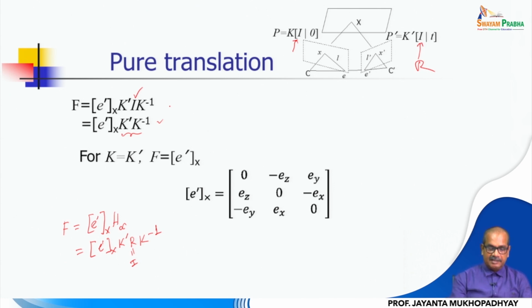And in that case, this fundamental matrix is replaced by simply e prime cross, because K prime and K inverse become the identity matrix. So it is simply e prime cross, which is given by these relationships.